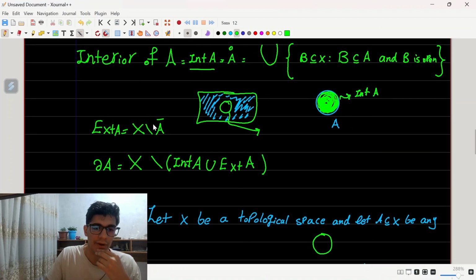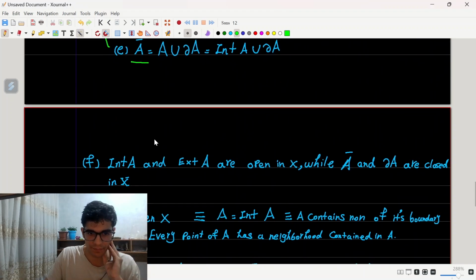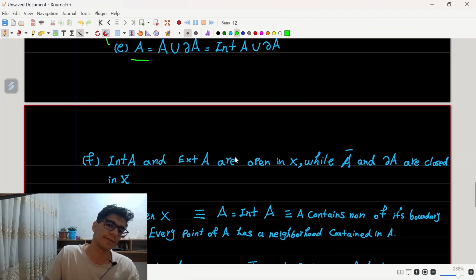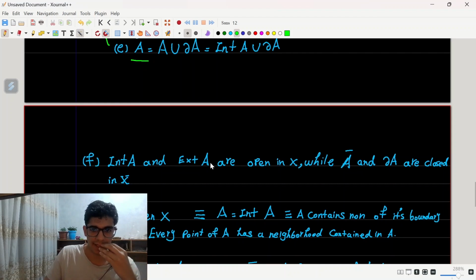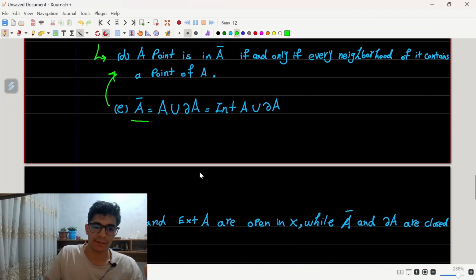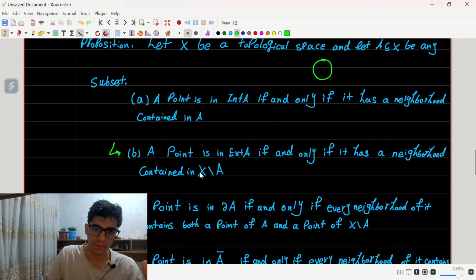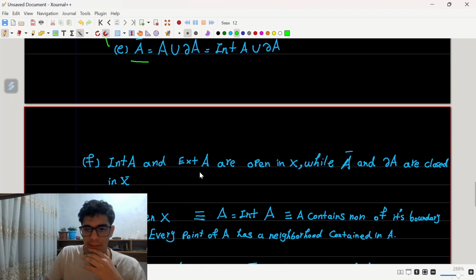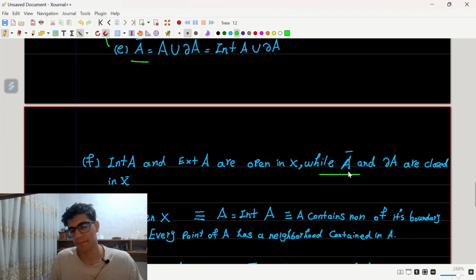The interior of A is obviously open because it is the union of open sets, and the exterior of A is just the complement of A bar, X minus A bar, which I will explain is a closed set. So this is closed, then this is open.